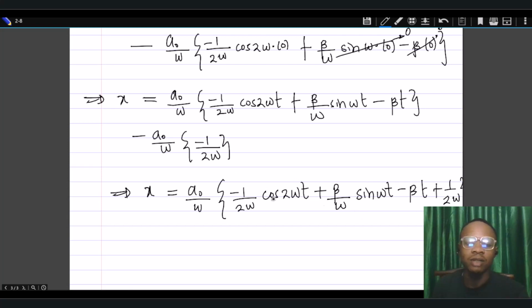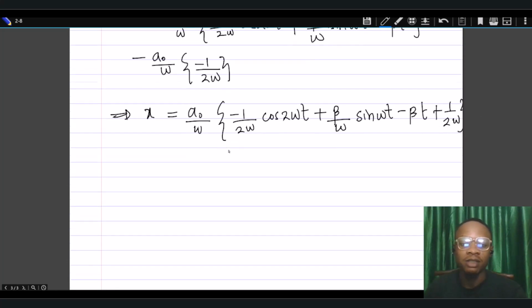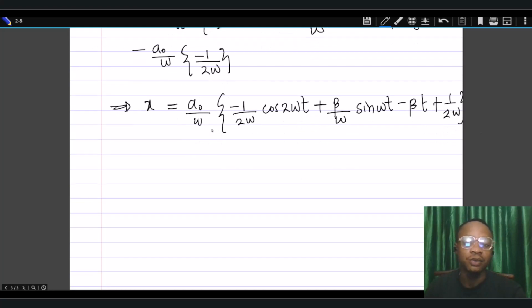Okay, so that's all that we have left, 1 over 2 omega. So with this, we are good to go. You might want to simplify further and say this is 1 over 2 omega into cos 2 omega t plus 1 and so on, but that is not necessary. So we have now x as a function of time.